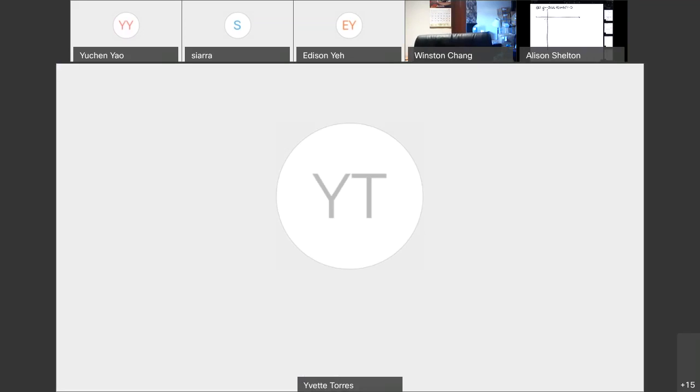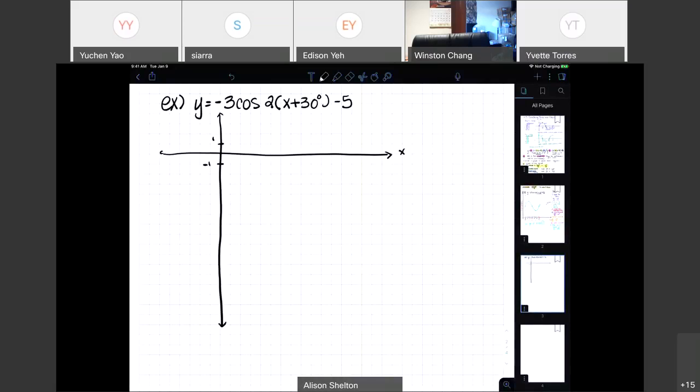Here's -1, here's +1. Here's our x-axis, here's our y-axis. We'll go 15 degrees, 30 degrees, and so forth.